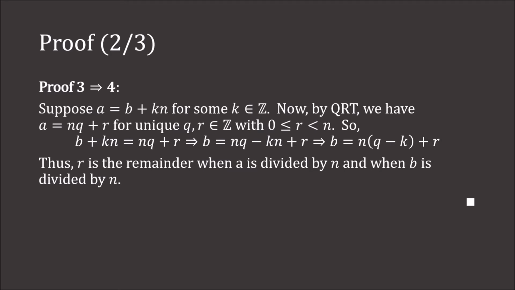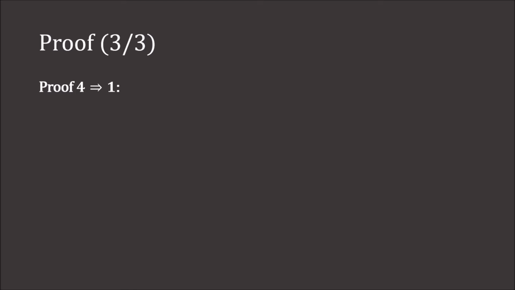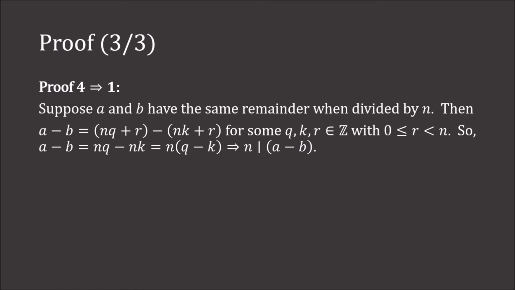And finally, the proof that statement 4 implies statement 1. Suppose that a and b have the same remainder when divided by n. Then a minus b would equal nq plus r minus nk plus r for integers q, k, and r, with 0 less than or equal to r less than n.